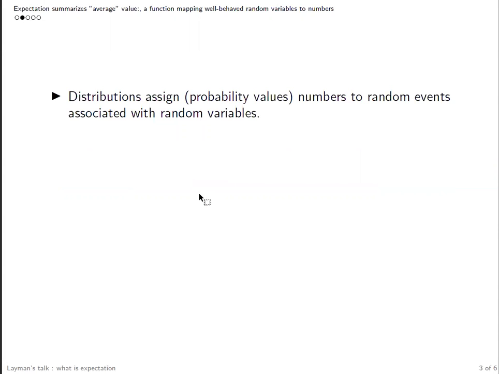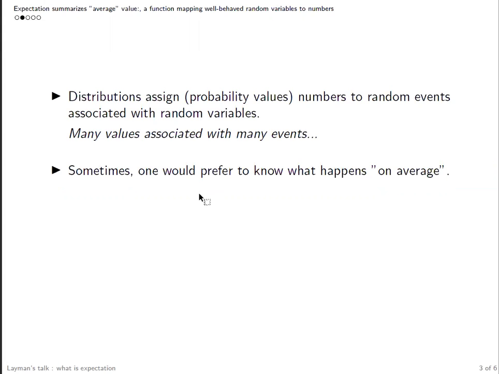Why do we need expectation? Well, we know distributions assign numbers to random events associated with the random variables, but those are going to be many values associated with many different events. Sometimes one would prefer to know what happens on average. One would prefer to have a single value to describe the general idea.